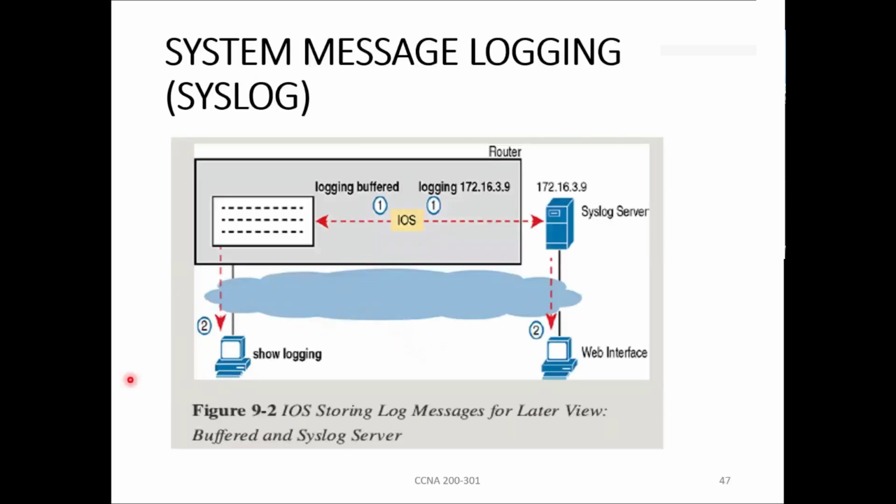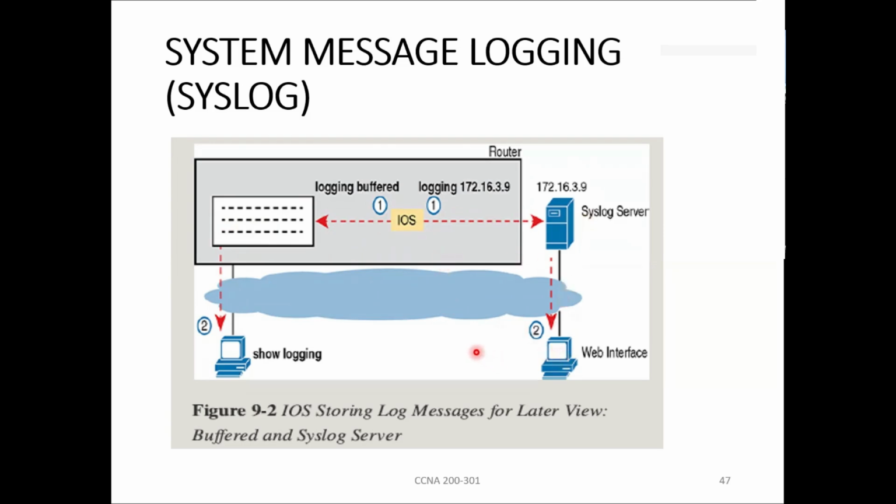Now, how Syslog works: let's say this is our router. Inside the router, we have a small memory location called the buffer. Initially, the router will send all the messages to this buffer, and from the buffer we'll be able to collect them to this PC, or to other PCs as well.